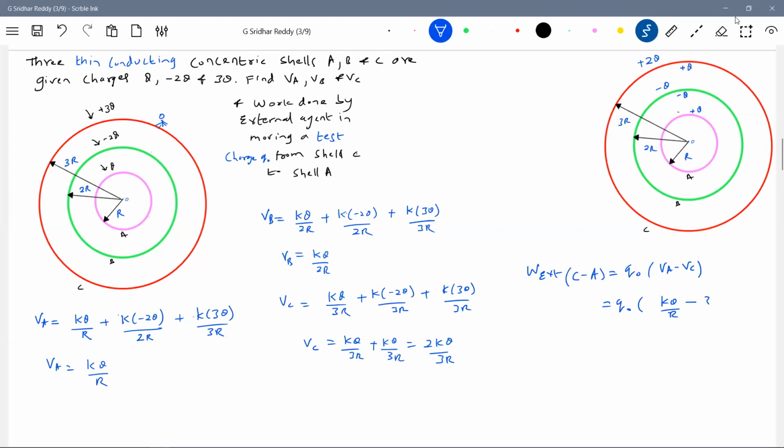KQ by R. This much work the external agent should do to transfer a test charge from shell C to shell A. Now some work done also will be asked. First, for that you should know only the potentials of the individual shells. So what we have calculated, the potential of shell B it is.